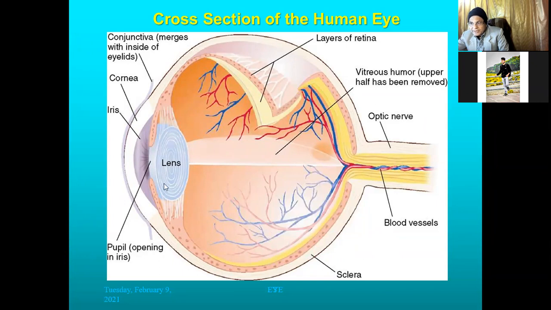Now, before the retina, you see the outer side is the iris. That is the part we visualize. We visualize two parts in our eyes.